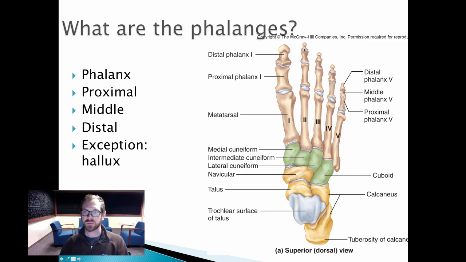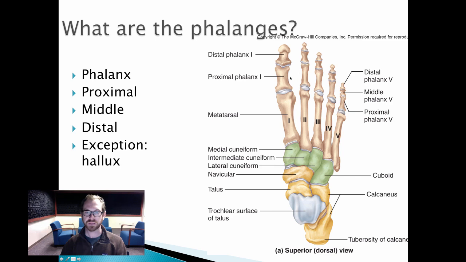Now in your phalanges 2 through 5, recall that just like in the hands, there are 3 separate bones. We have proximal, middle, and distal. And that's for 2 through 5. In your hallux, or your phalanx 1, you only have 2 bones. You have proximal and you have distal.